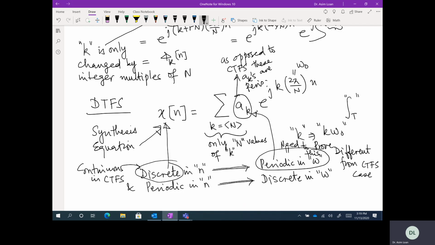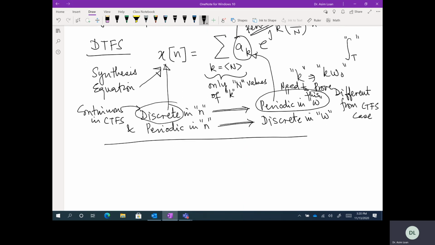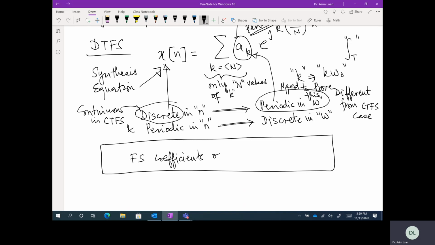So this is the fundamental difference between the continuous time Fourier series and the discrete time Fourier series, that your Fourier series coefficients are periodic. So maybe I write it in bold here: Fourier series coefficients of discrete time periodic signal are periodic.